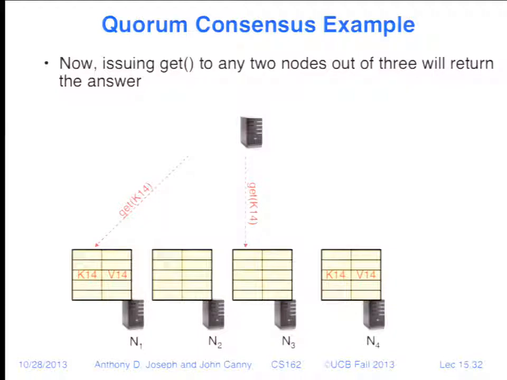Now, let's assume the request went to all three, and just two of them respond. Even if the dead node responds, or the node that didn't do the update, because one node is in both sets, this node was both a receiver of the update and also a responder, we're guaranteed that one gives the correct response back to the client or master. All right, so things worked out. We were guaranteed always by the numbering that as long as there's two responses, one of them will be good.